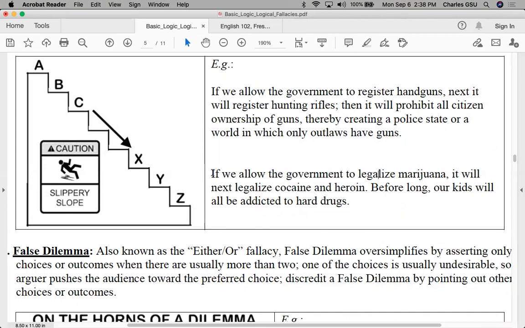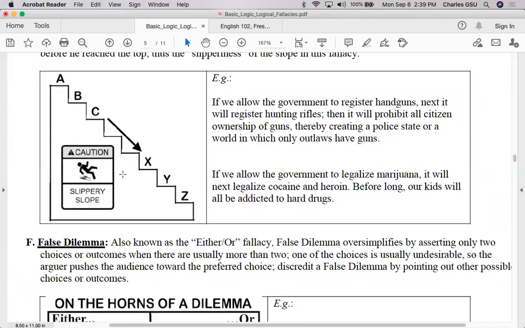You could say may or could. It is true that if some people smoke cigarettes, they may find it easier or likelier to go on to try marijuana, and some may try it and hate it, and others may try it and like it, right? So it's not an automatic given that it will happen. So avoid this slippery slope and be able to detect it in other people's speech.